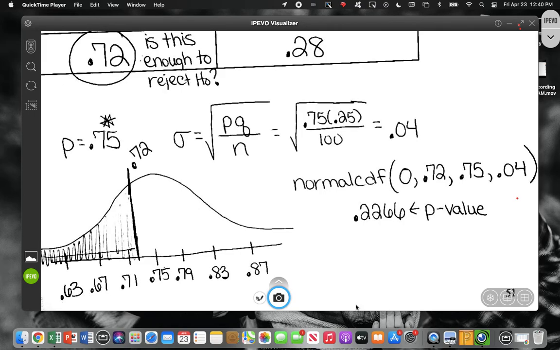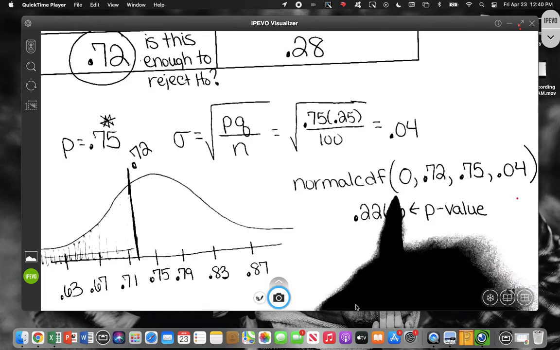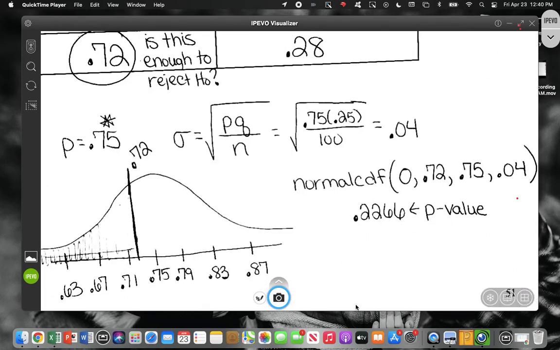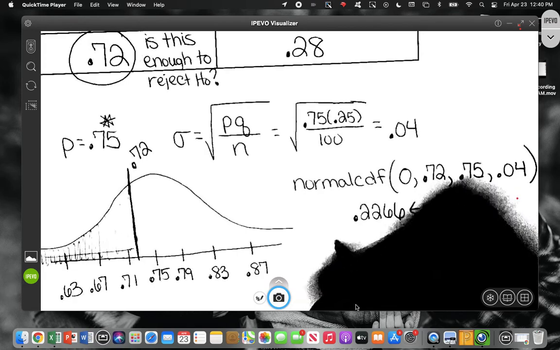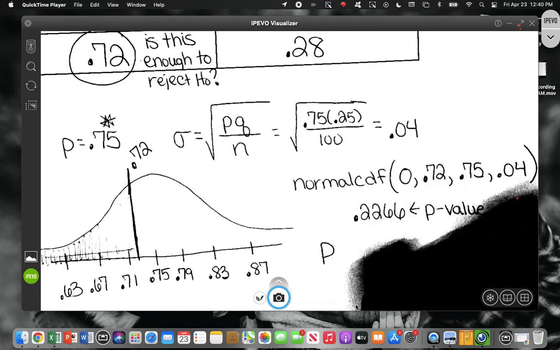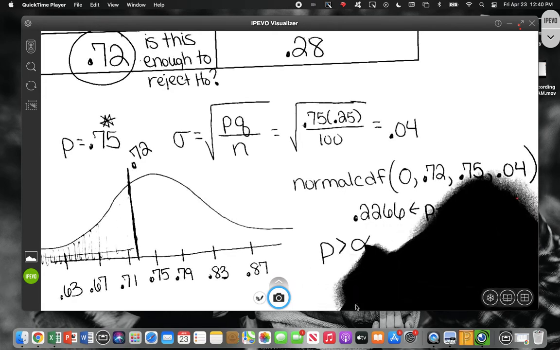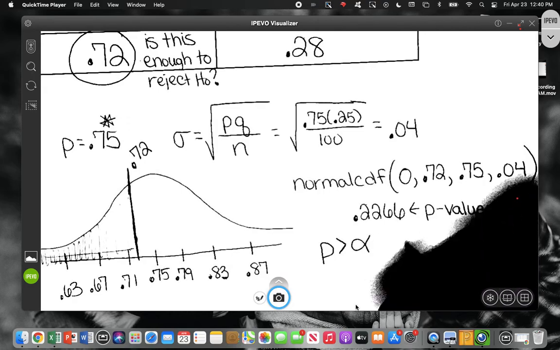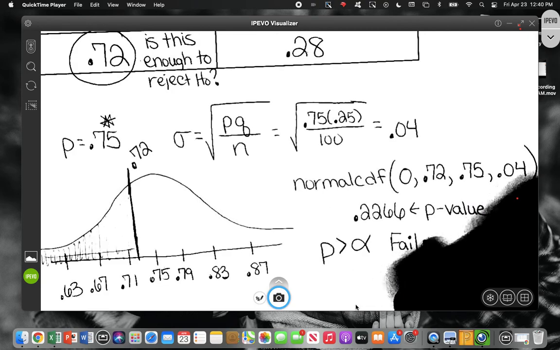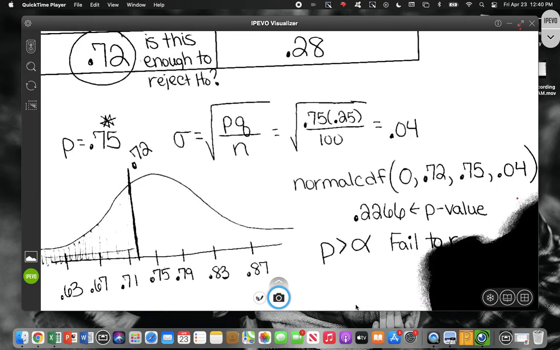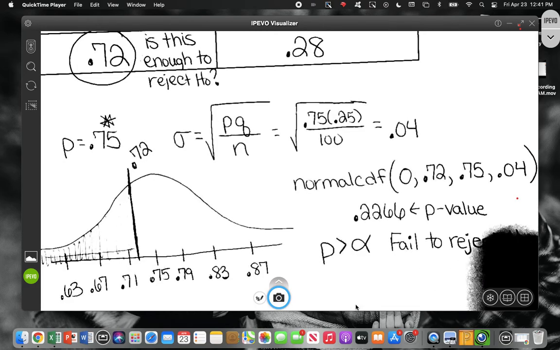This is way more than 5%, so this means that this is actually in our confidence interval. Therefore, since our p-value is way bigger than our alpha, we are not going to reject our null hypothesis.